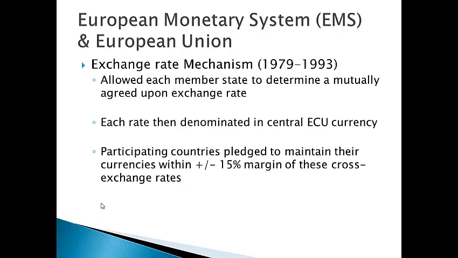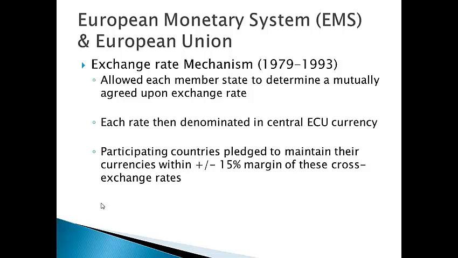The exchange rate mechanism held in place from 1979 to 1993. This is where it allowed each member state to determine a mutually agreed upon exchange rate, and then each rate was denominated in a central ECU currency, which was more just like an accounting kind of currency. It wasn't something that you would actually be able to hold in your hand.